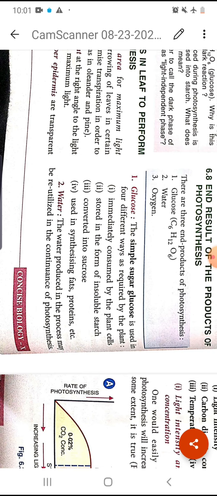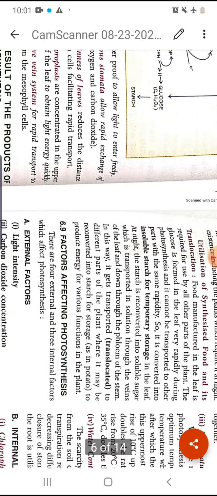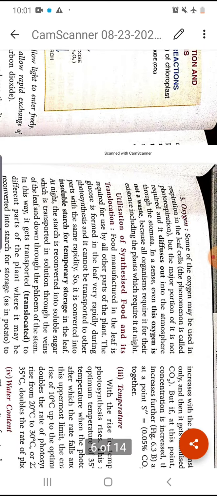Okay, now the water produced in the process can be reutilized in continuation of photosynthesis. And the last one, that is the oxygen, which diffuses out from the stomata, and without oxygen we cannot exist.